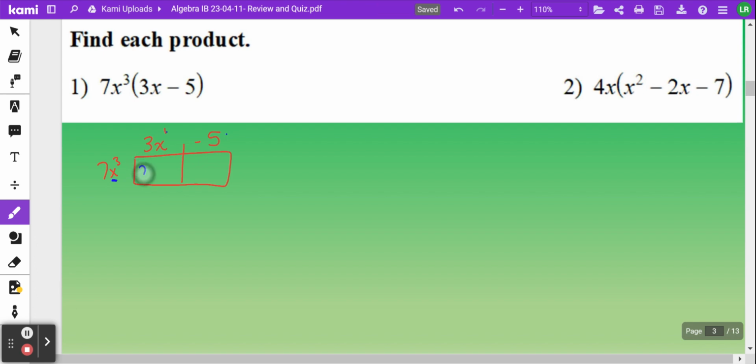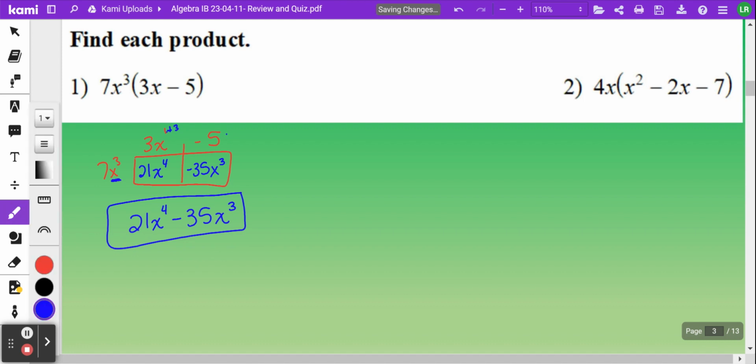So 7 times 3 is 21. X to the 1st, I have to add 3 to the exponent. That becomes x to the 4th. For the negative 5, 7 times negative 5 is negative 35. Now this one doesn't have an x, so I'd be putting my x to the 3rd there. Okay? Neither of these are like terms, so my answer is 21x to the 4th minus 35x to the 3rd.